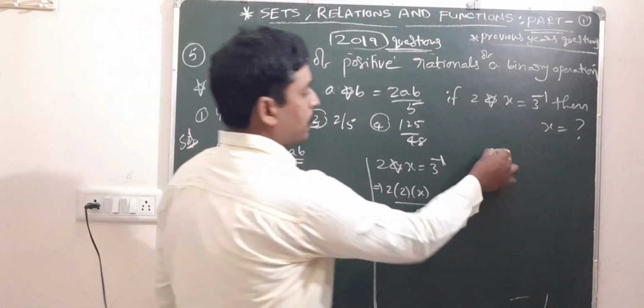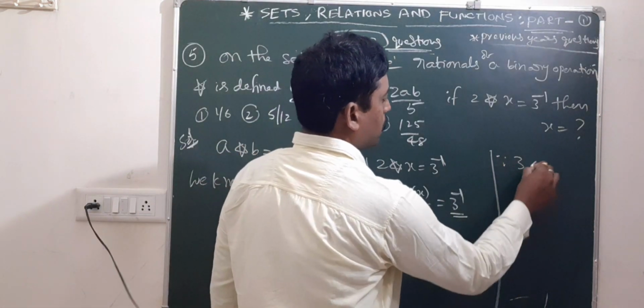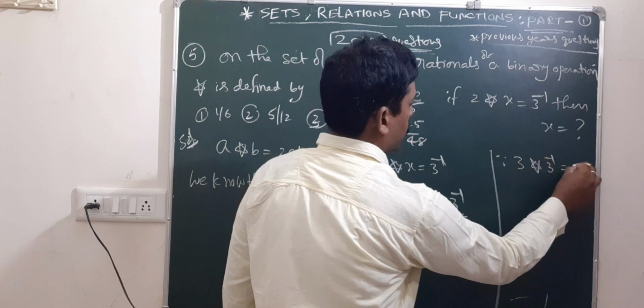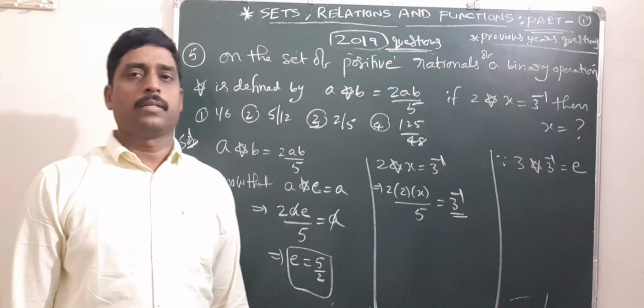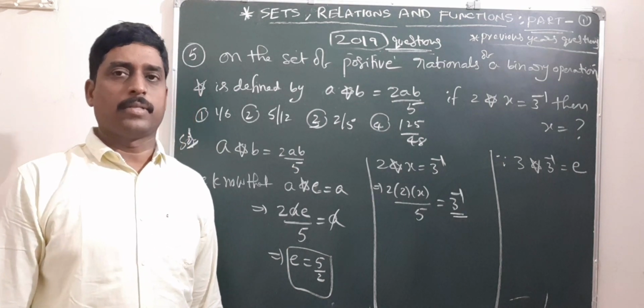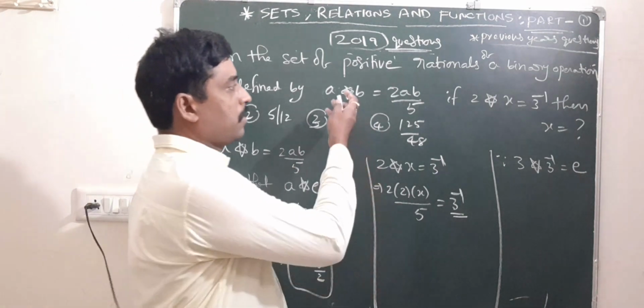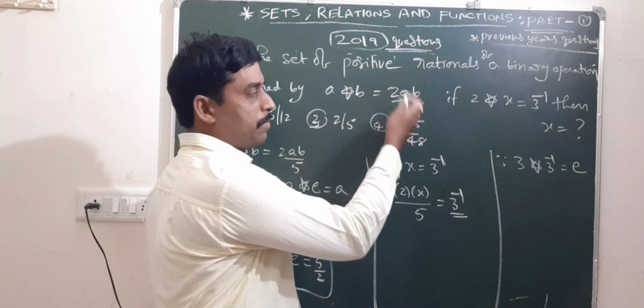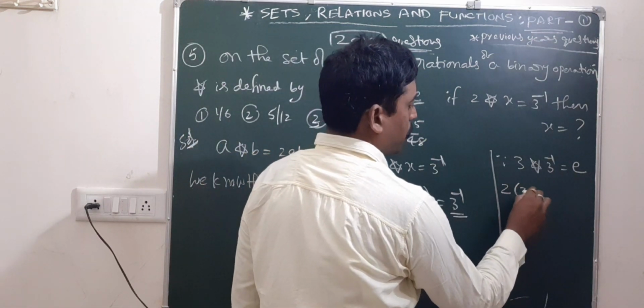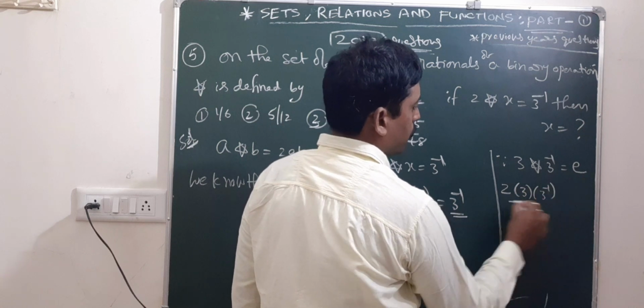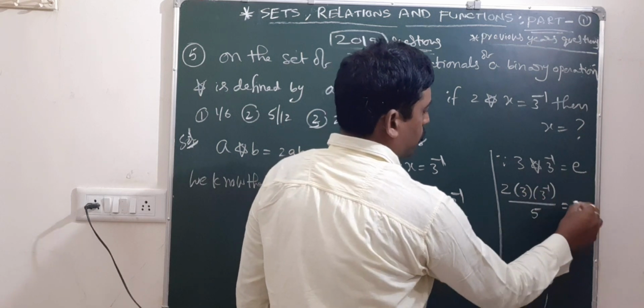Since 3 star 3 inverse is equal to e, the identity element. 3 star 3 inverse defined by 2 into 3 inverse by 5 is equal to e.